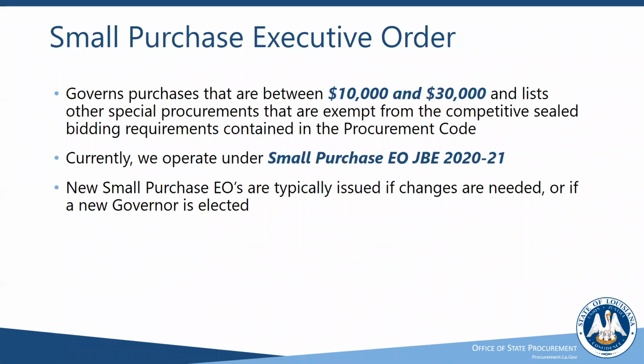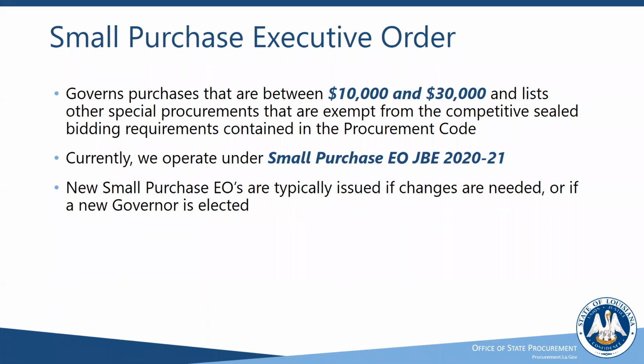We also have the Small Purchase Executive Order, which governs purchases made between $10,000 and $30,000, and it lists other special procurements that are exempt from competitive sealed bidding requirements contained in the Procurement Code. Currently, we operate under the Small Purchase Executive Order, JBE 2020-21.